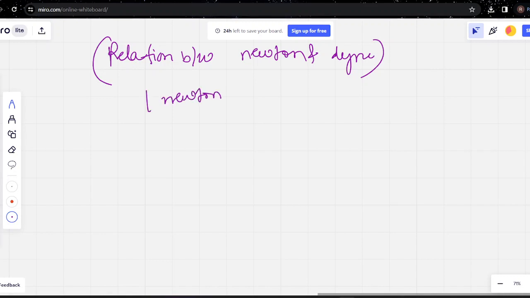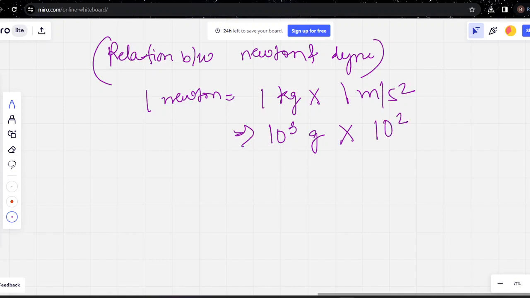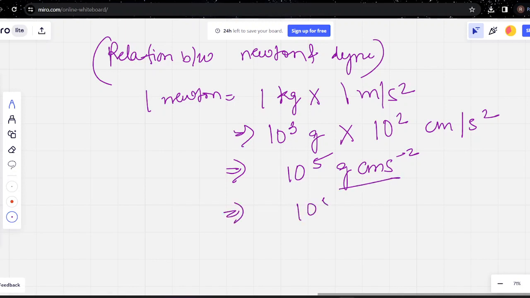Now, 1 Newton equals 1 kg into 1 meter per second square. 1 kg means 10 to the power 3 gram or 1000 gram, into 1 meter equals 100 centimeter, so 10 to the power 2 centimeter per second square, which would result it to be 10 to the power 5 gram centimeter per second square, which absolutely gives me 10 to the power 5 dyne.